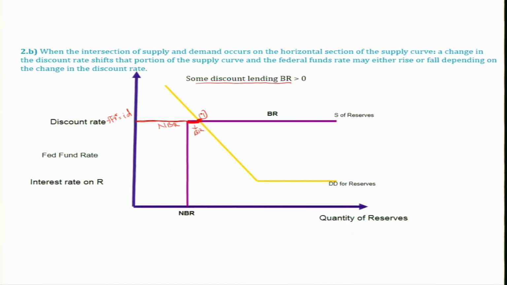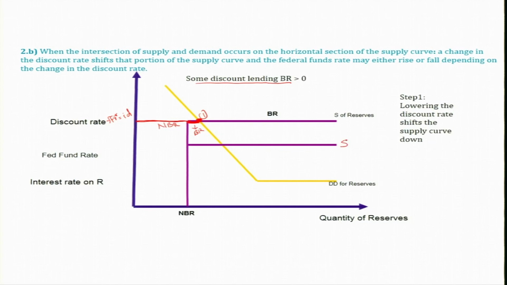Let us now visualize what if the Fed is going to reduce the discount rate. Suppose the initial equilibrium is at this position, then lowering the discount rate shifts the supply curve down. This is the new supply curve, S1 of reserves, and you can see the new equilibrium position is this one.